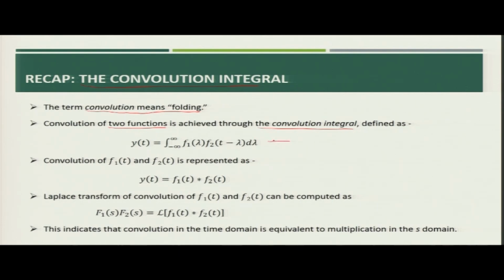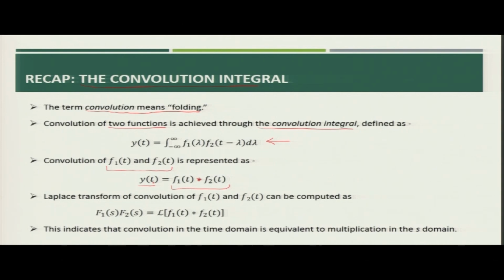We established that the convolution of f1 and f2 is represented as f1 asterisk f2. This asterisk defines that these two functions are having convolution and the output is y(t).